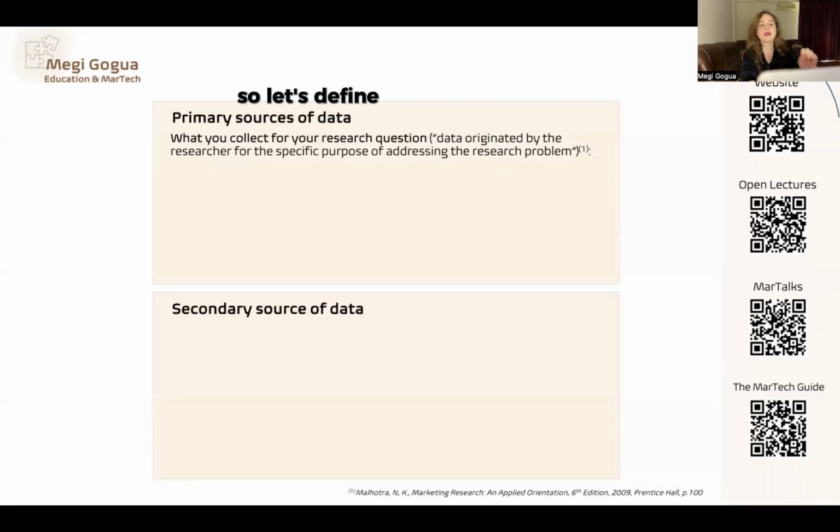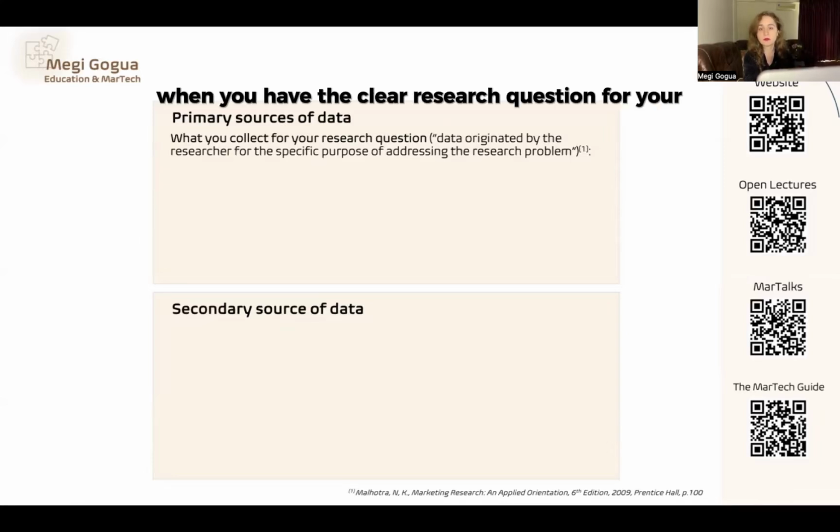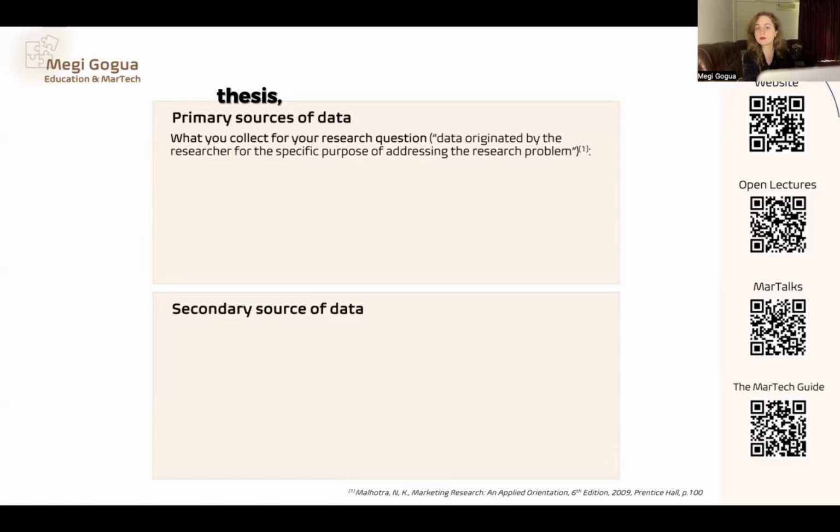So let's define the primary sources of data. This is the data that you collect for your research question. When you have a clear research question for your paper, thesis, working paper, or whatever academic text, which you define and create, this is the primary source of data.